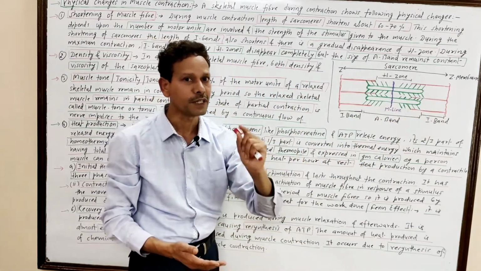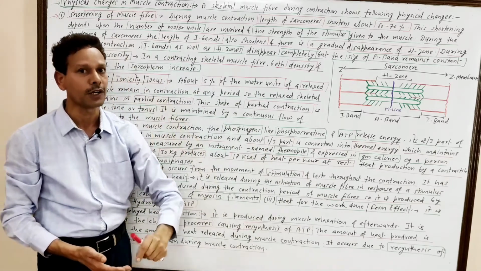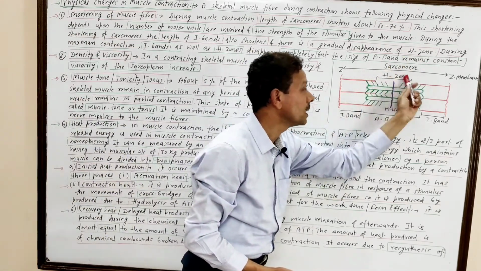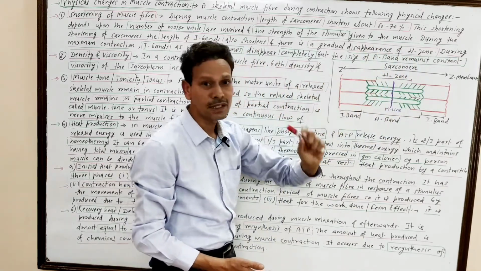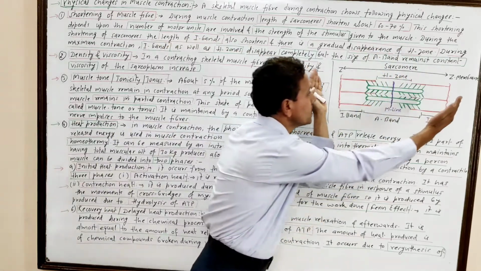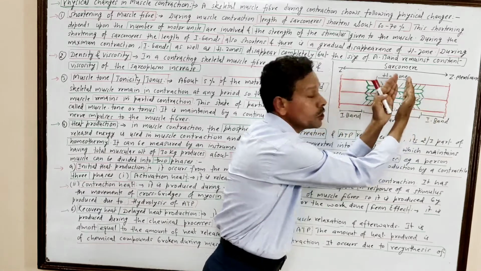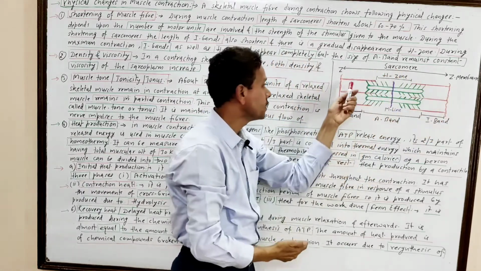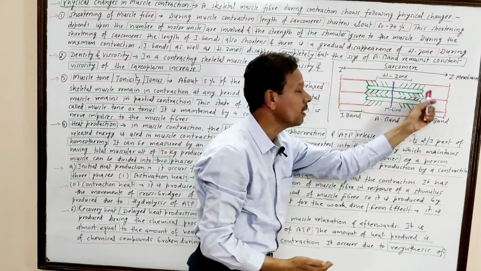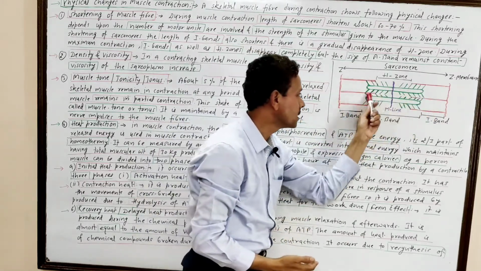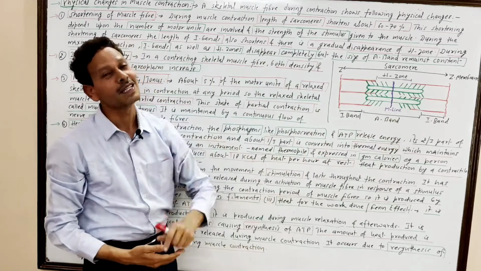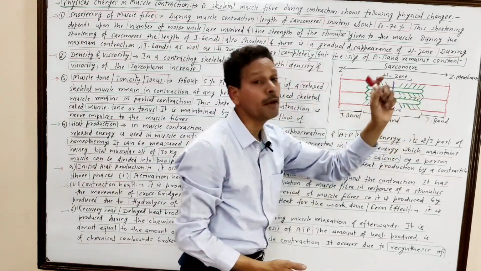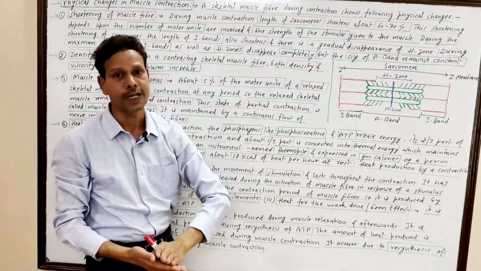The first physical change in muscle contraction is shortening of the sarcomere, as both Z membranes move inwardly, close to each other. As a result, both I band and H zone disappear, but the length of the A band remains constant.